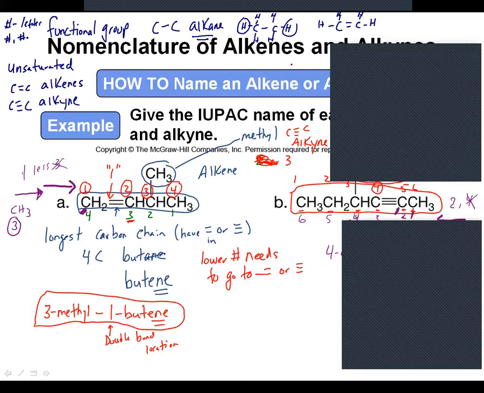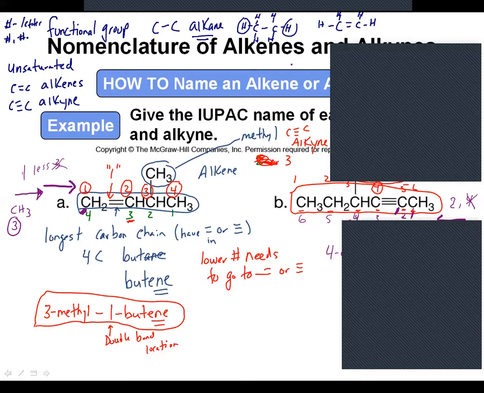But important when you're dealing with alkenes and alkynes is that the longest continuous carbon chain has to contain either the double bond if it's an alkene, or the triple bond if it's an alkyne. So it does have to contain that functional group within the longest continuous carbon chain.